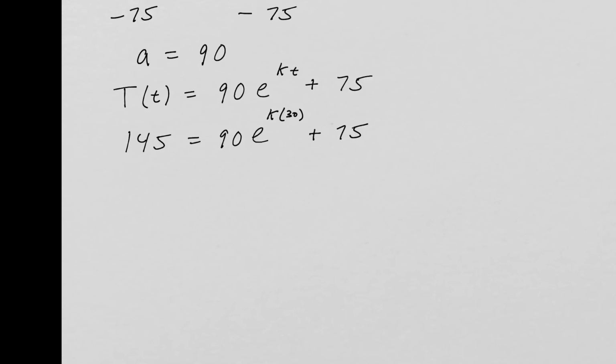So I need to isolate the exponential. So first, let me subtract 75 from both sides. So I'm going to get 70 is equal to 90 E, and I'll write this as 30K. So now I need to divide both sides by 90.